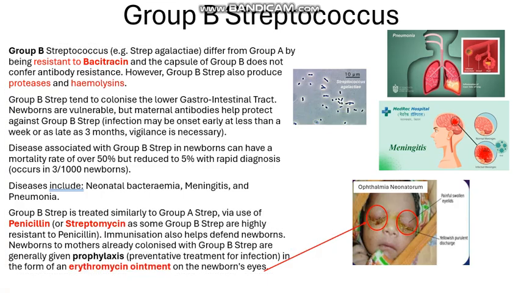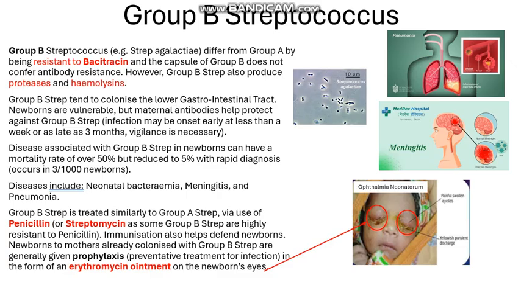So you can see on the right here, there is this baby suffering from ophthalmia neonatorum, which is this kind of neonatal bacteremia. So you have strep infection of the tissues of the eyes, causing this kind of crusty pus appearance.